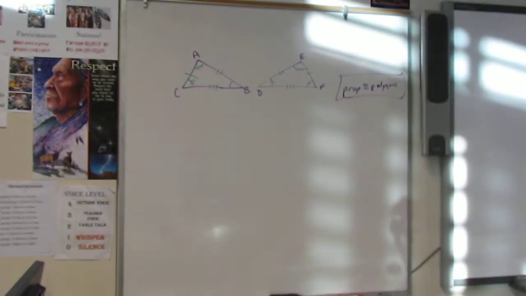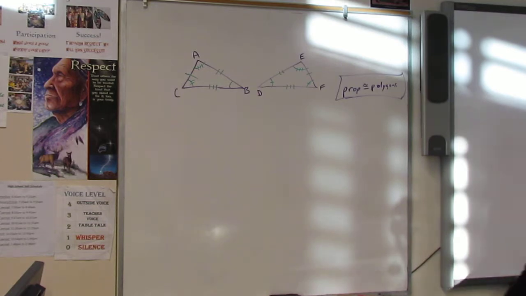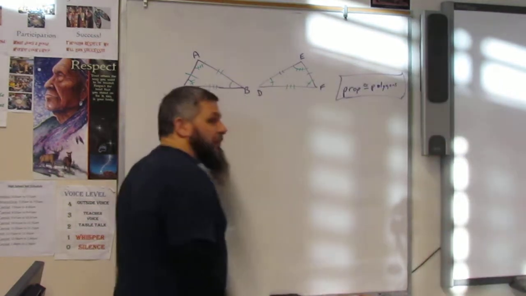If the corresponding angles are congruent and the corresponding sides are congruent, right? Has to be both. Okay?